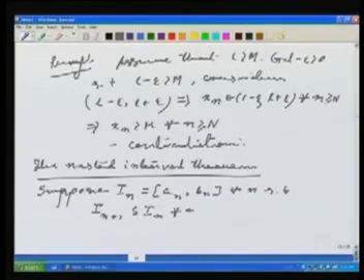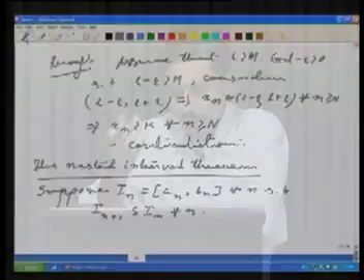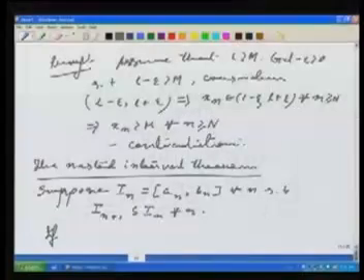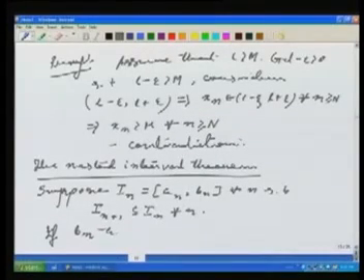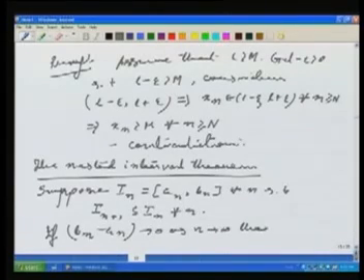Also assume that the closed intervals an, bn are getting smaller and smaller. That means the intervals are actually squeezing, that is, their lengths are going to 0. So that is the next statement. If bn minus an, which is nothing but the length of the interval In, goes to 0 as n goes to infinity, then what happens to the total intersection of the I's?